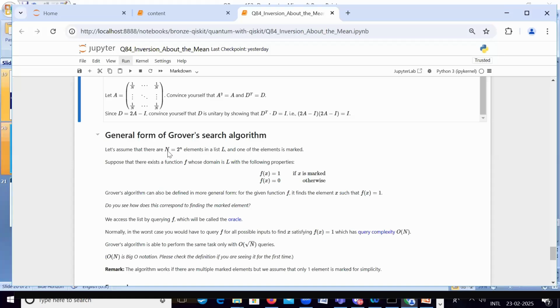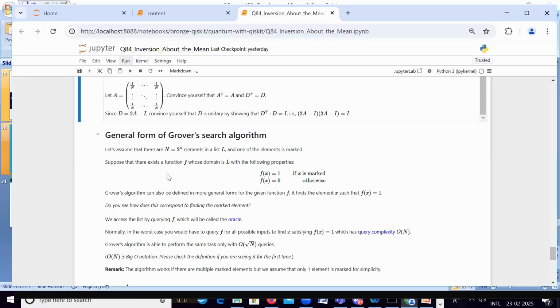N is equal to the total number of elements, which is 2 to the power n, and both are n, one uppercase and one lowercase. One of the elements in this set is already marked.